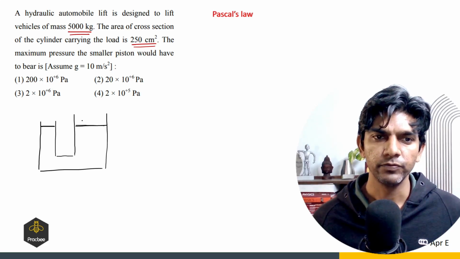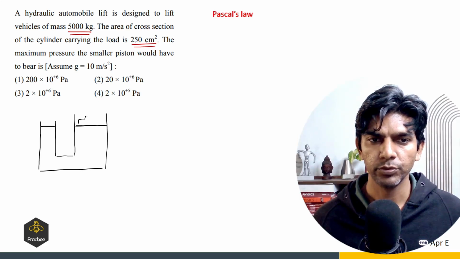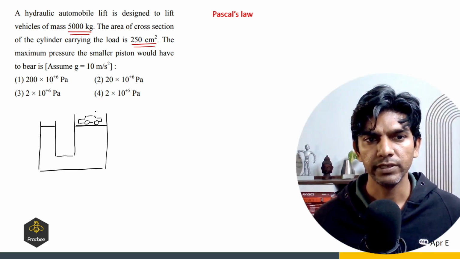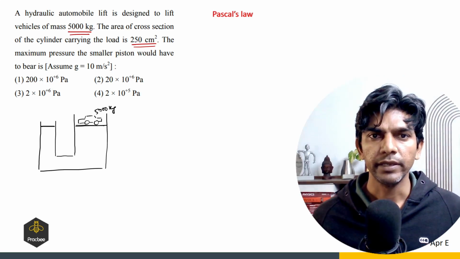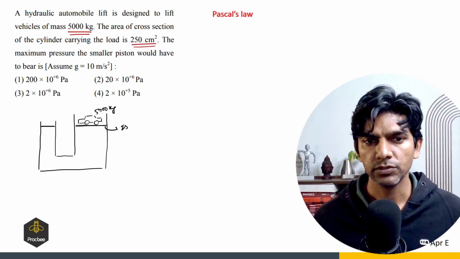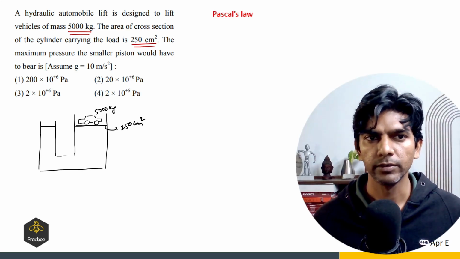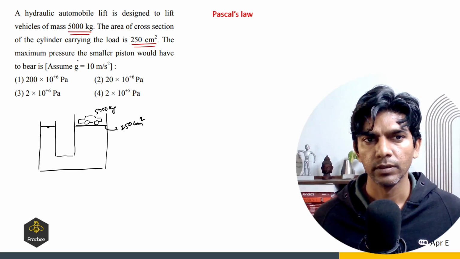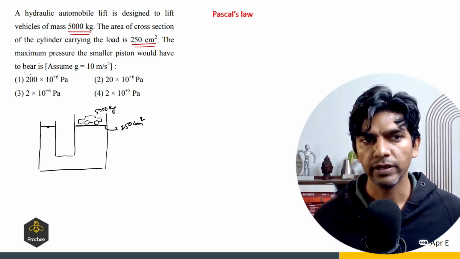On the larger piston, we are supporting a vehicle which has a mass of 5000 kilograms, and the area of cross section of the cylinder carrying the load is 250 square centimeter, and we have to find the maximum pressure the smaller piston would have to bear.